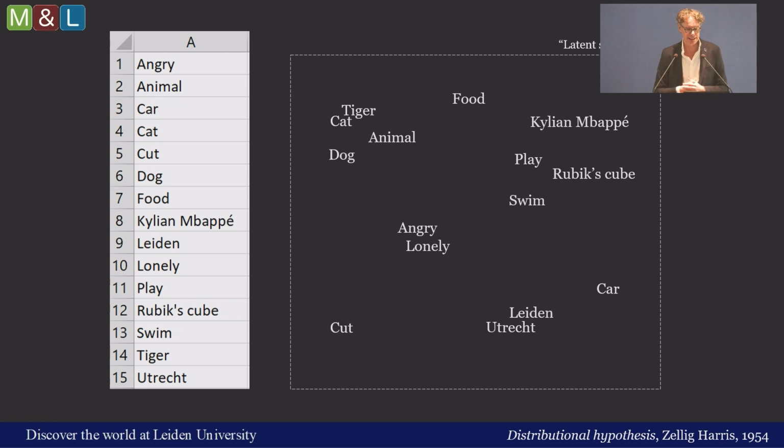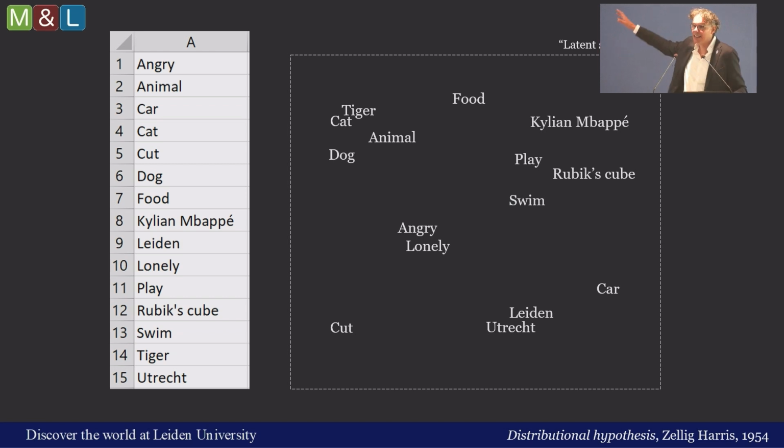We call that the latent space, and this idea is based on the distributional hypothesis. The distributional hypothesis, from 1954 by Professor Harris, says that words are likely to co-appear in a text if their meanings are related. Now this is what we see here. Look at this mapping. The words cat and dog and cat and tiger are very nearby.